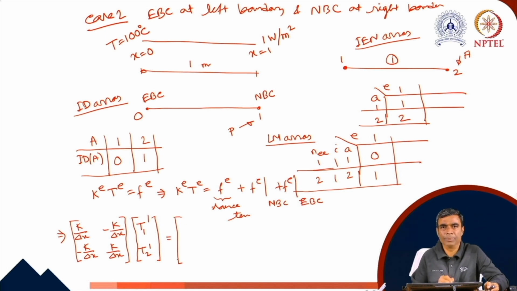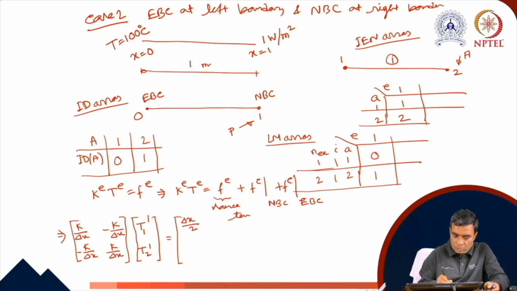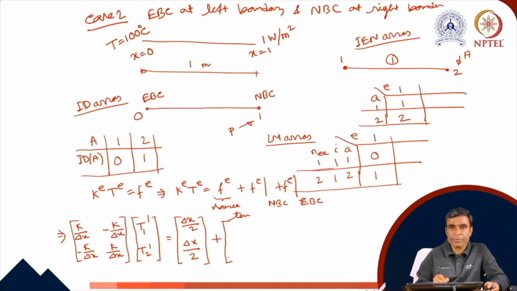from the source term, our contribution is delta x by 2 and delta x by 2. From the natural boundary condition, our contribution is Q0 or QR, which has been specified at the right side boundary.